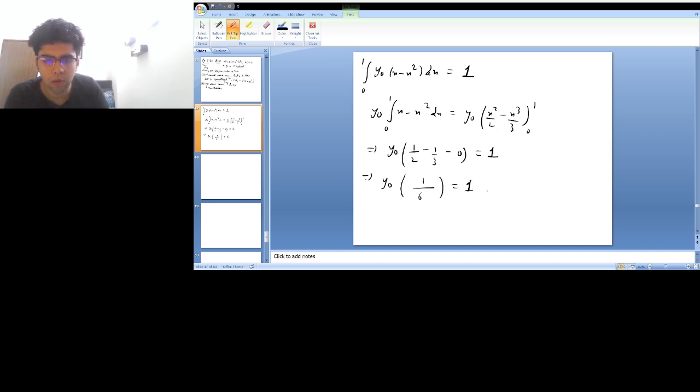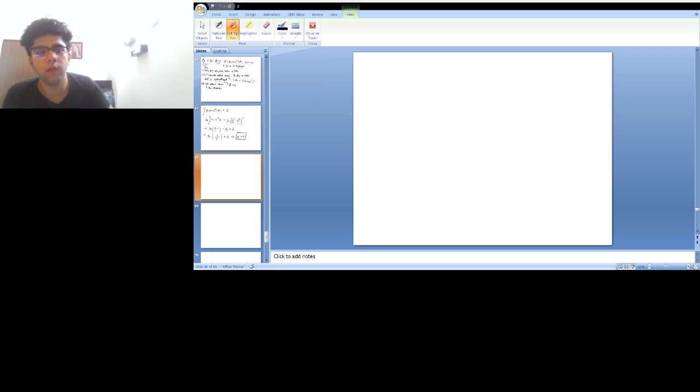This becomes 1, which implies y0 is equal to 6, right? So our PDF will be, moving to the next slide, df is equal to 6 into x minus x square dx, where x lies between 0 and 1, right?